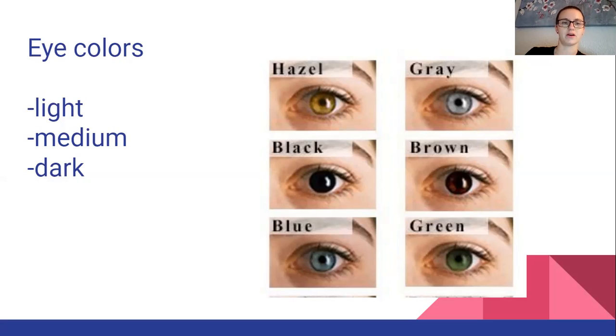I have medium brown eyes. If I want to tell you my eye color, I can use have. I'm going to teach you another way to talk about eye color. I know some of you might be saying, but I can use are. You're correct. We'll get there.